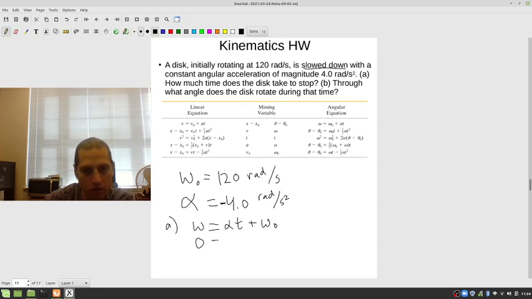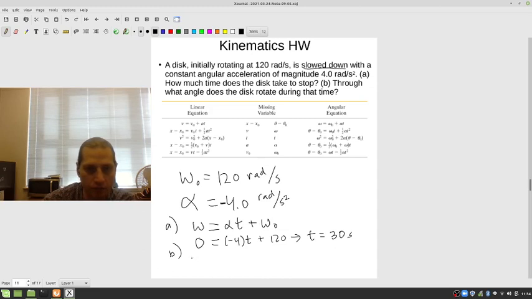So 0 equals minus 4t plus 120. You solve that, and your t would be 30 seconds.